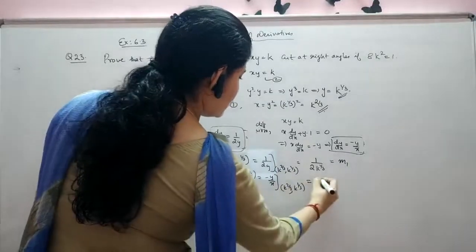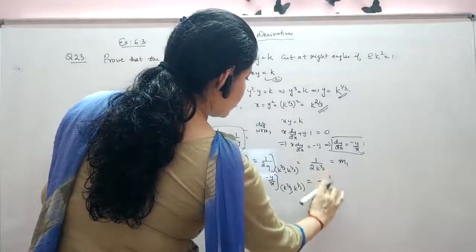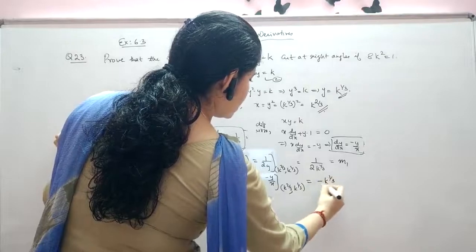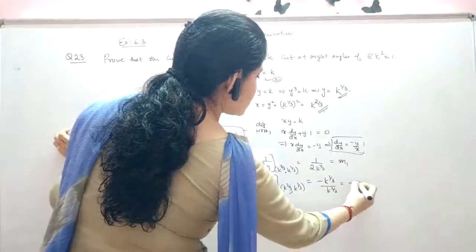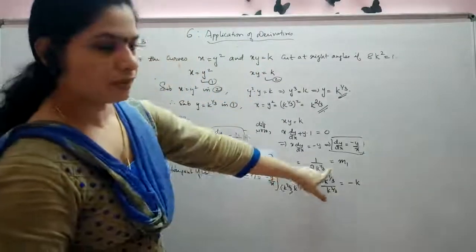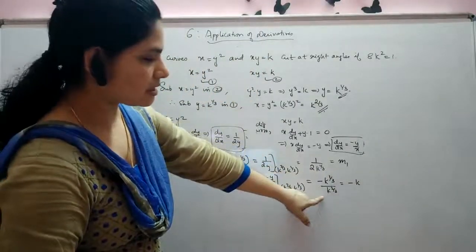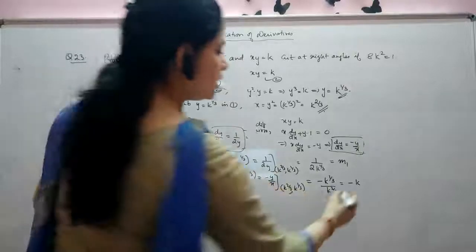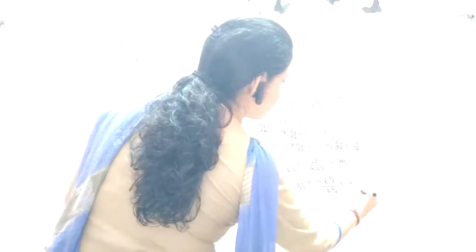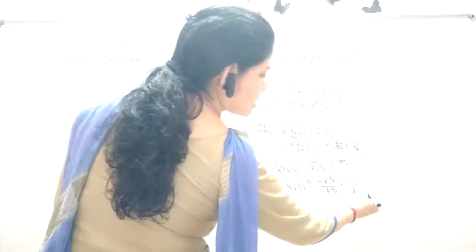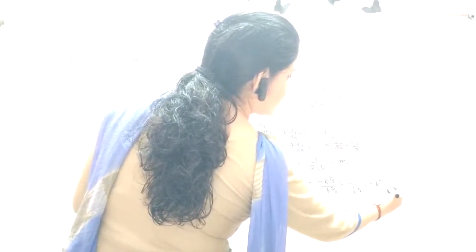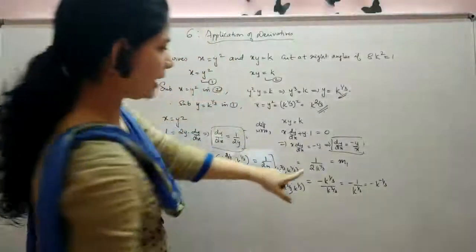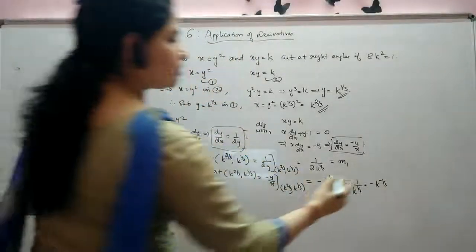You will get minus k raised to 1 by 3 divided by k raised to 2 by 3. Taking the power in the denominator to the top, this is k raised to 2 by 3 minus 1 by 3, which is 1 by 3, or minus k raised to minus 1 by 3. So this is easy when you multiply with the other one. This is taken as your m2.